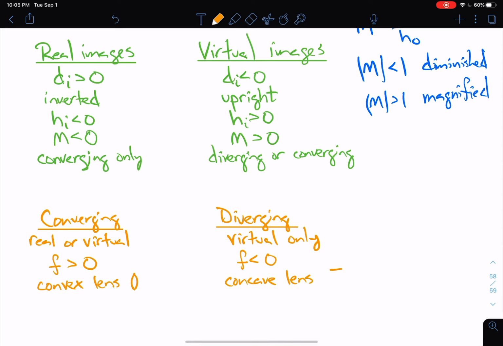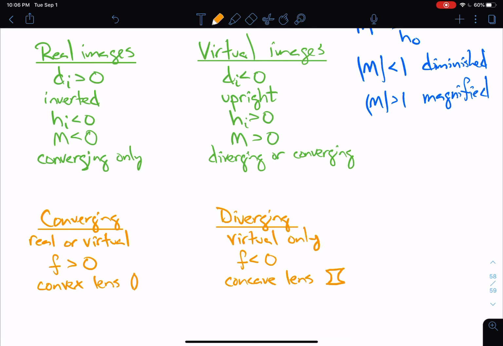And so that would look something like this. Now, I've drawn an example of a convex lens and a concave lens. The thing that really defines them has to do with, you look at how thick they are at the center and at the edges. If it's thicker at the center than it is at the edges, it's convex. If it's thinner in the center than at the edges, then it's concave.